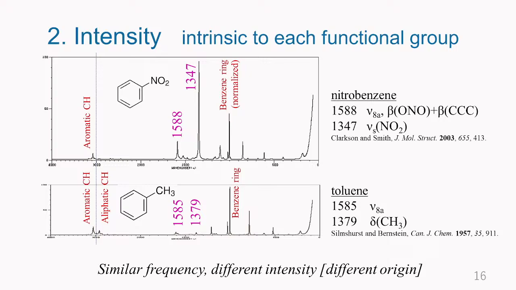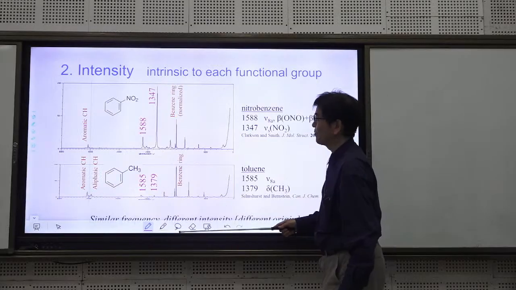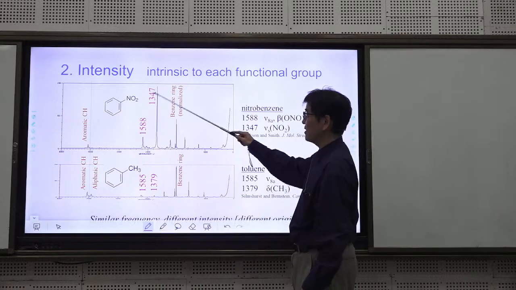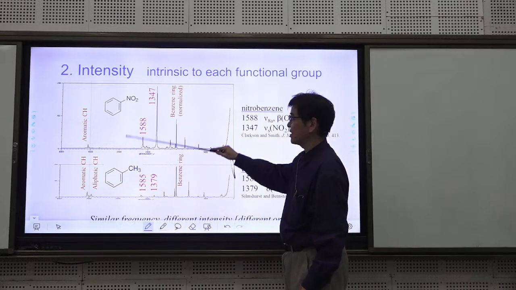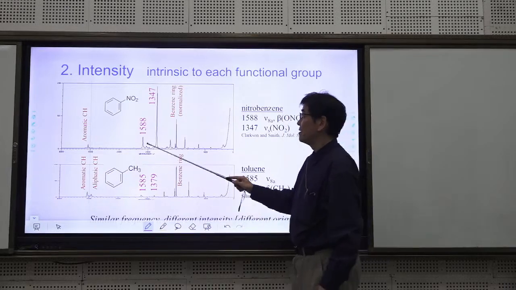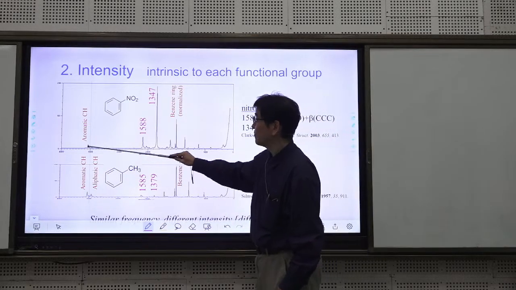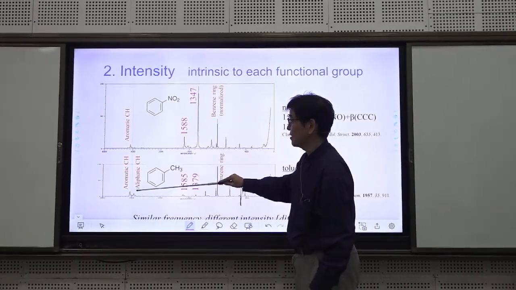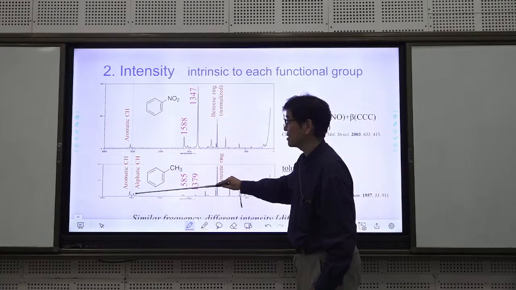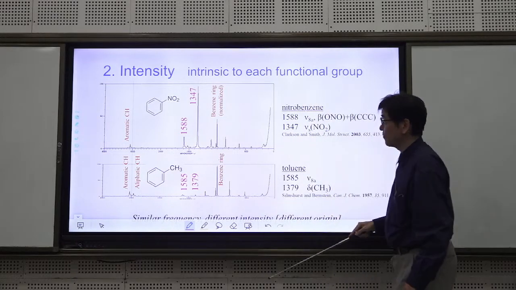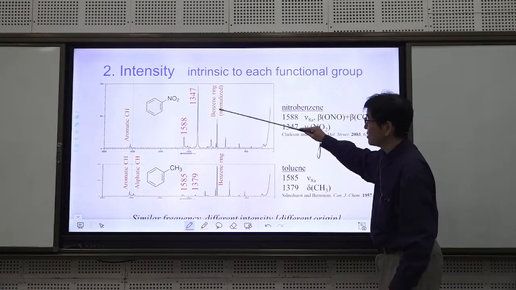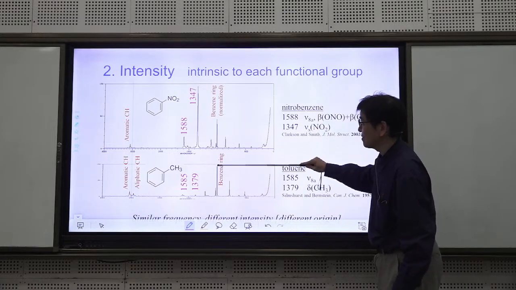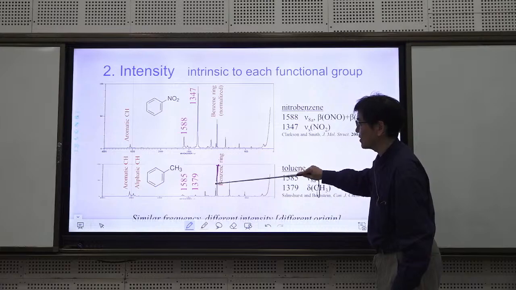Here is an example. Okay, they are the results of nitrobenzene and toluene. As expected, aromatic CH appears above 3000. Aliphatic CH also appears below 3000. And these two spectra are normalized by the intensity of the benzene ring.